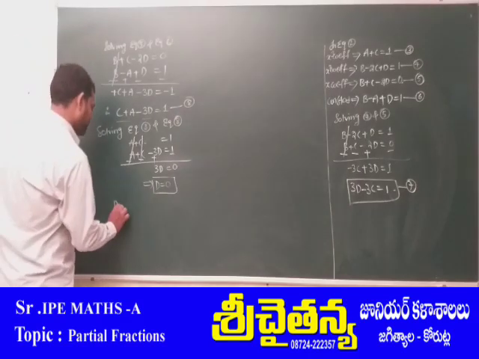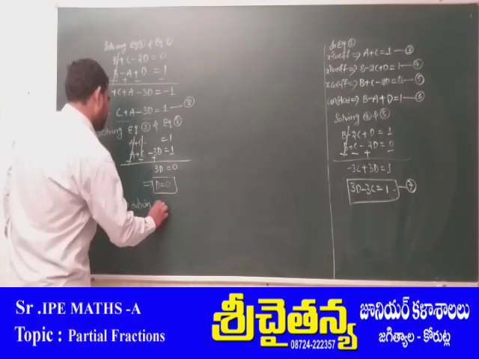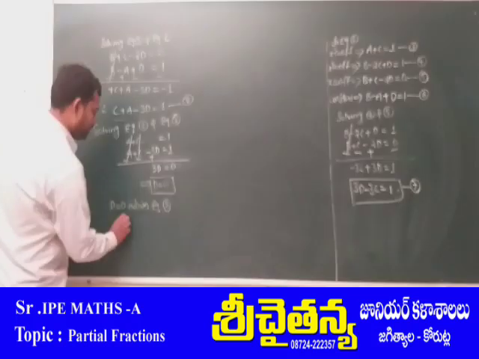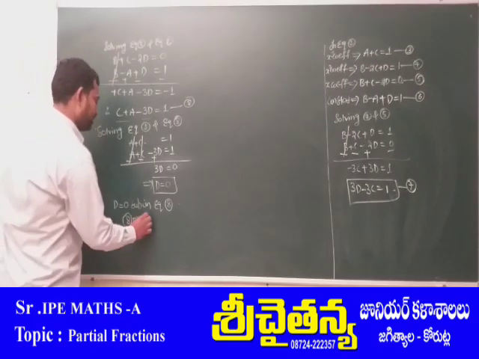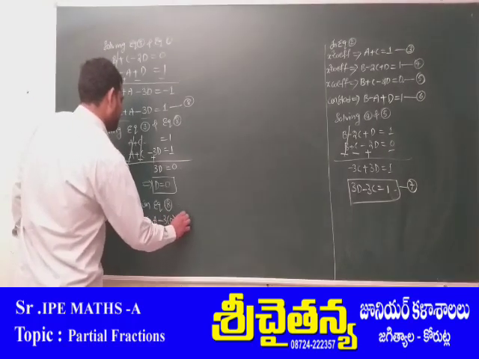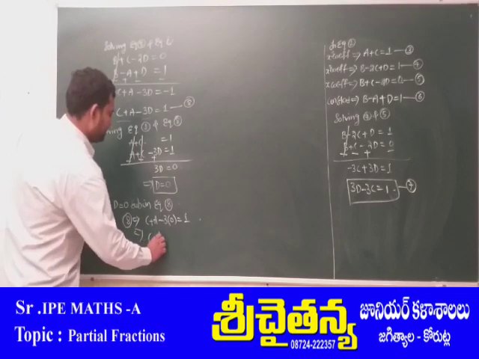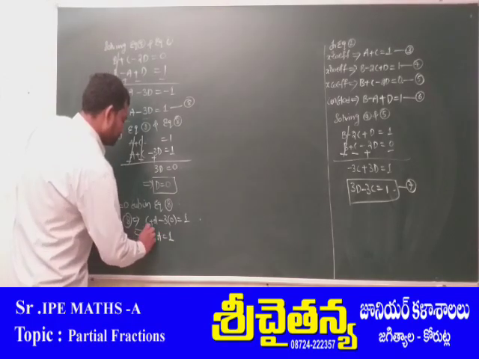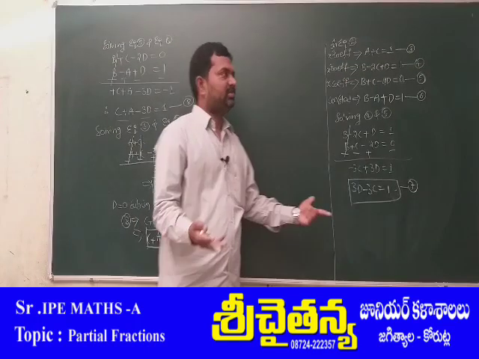Now substitute d equals 0 in equation number 8. Equation number 8 is c plus a minus 3 times 0 equals 1. That means we get c plus a equals 1, there is no change.